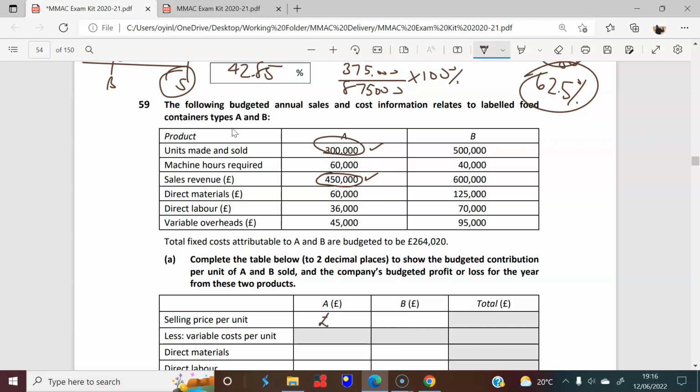So we have £1.50 being the selling price there. And here we have the 600,000 divided by the 500,000, which is of course equal to £1.20. So that's what we have.